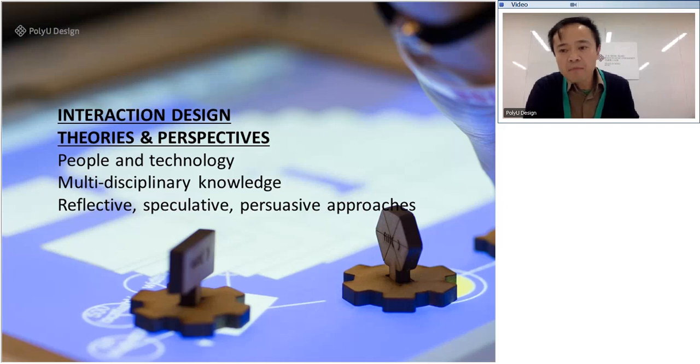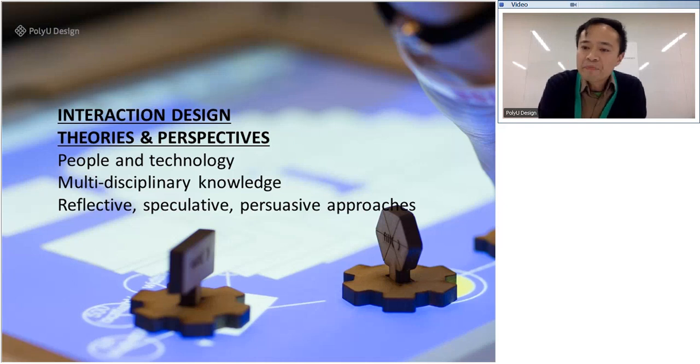And our Master of Design program actually also started more than a decade ago with multiple specialisms, and interaction design specialism have been one of the earliest ones. We have also 8 years history. So we are one of the earliest university in Asia to have interaction design.